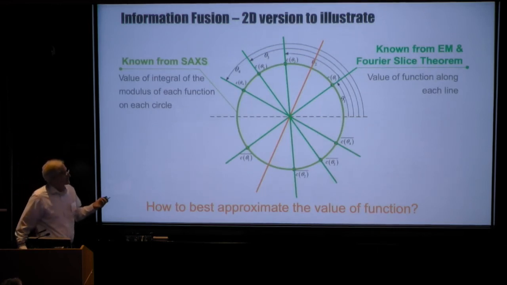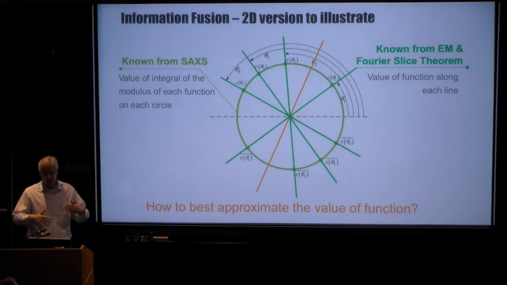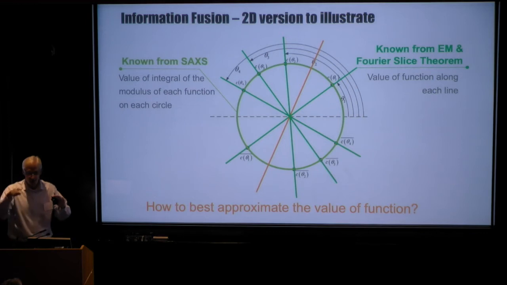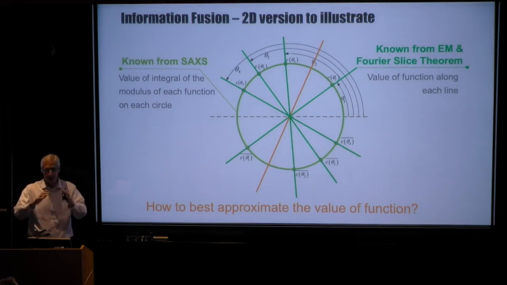Now what the SAXS information is doing, we're going to step back and look at a 2D toy model as opposed to a 3D model. So the densities here are 2D densities on the plane, the projections are projections onto lines, the slices are lines, etc. And instead of spherically averaging as we would in SAXS, we're going to average around the circle just to get started.